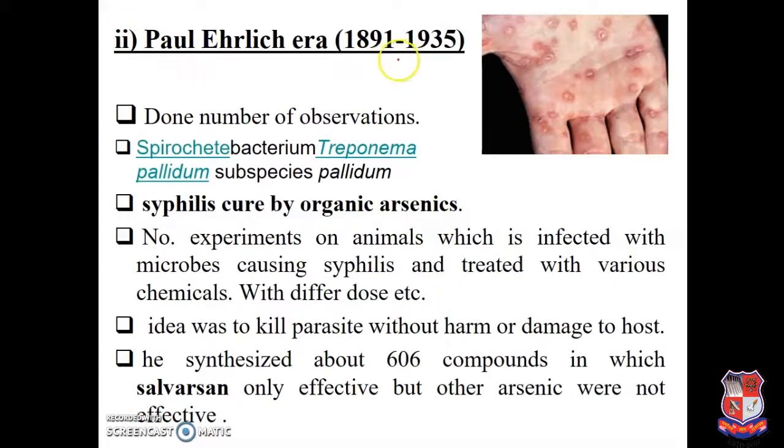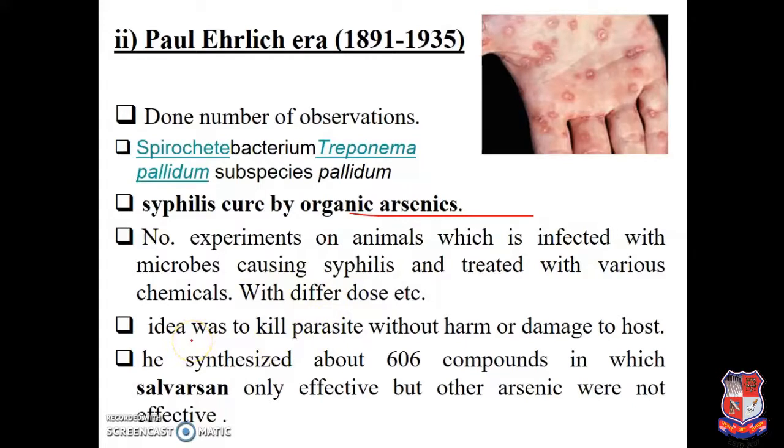In the Paul Ehrlich era, 1891 to 1935, a number of observations were made. Ehrlich did many experiments on spirochete bacteria and Treponema pallidum. He decided syphilis is cured by organic arsenic. He did experiments on animals infected with the microbes causing syphilis and treated them with various chemicals at different doses.